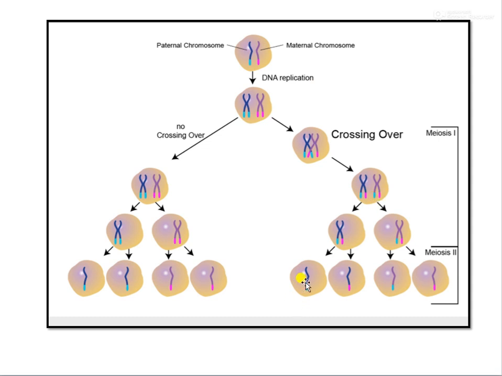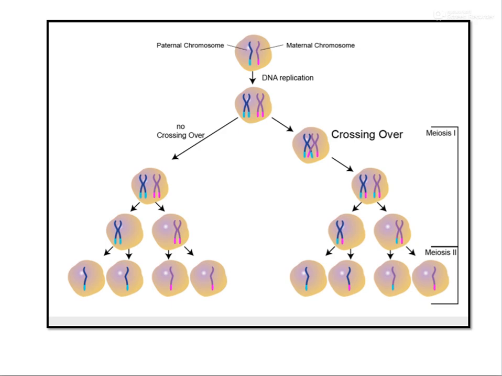As a result, sometimes here the gamete contains only the paternal chromosome, and in the case here it only contains the maternal chromosome, but here you can see that some amount of crossing over has happened. So depending upon whether crossing over has happened or not, or the extent to which it has happened, the gametes will undergo variation during meiosis.